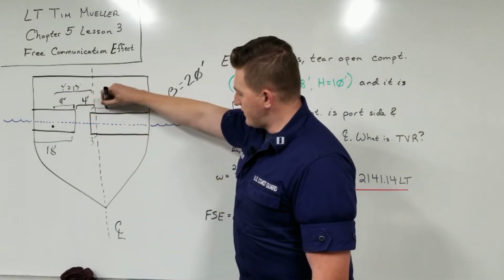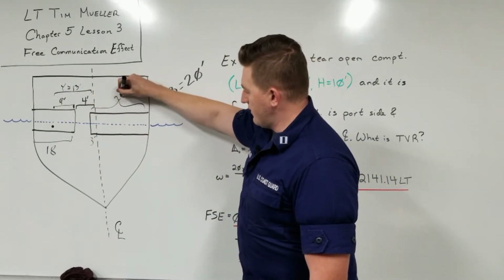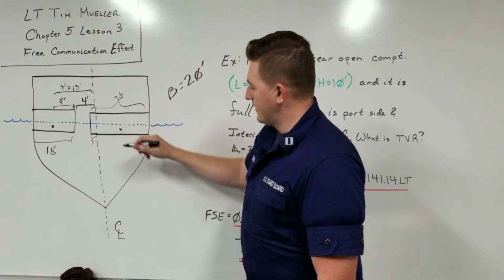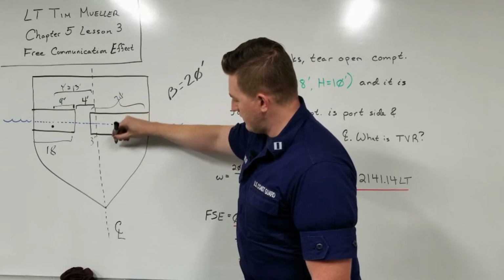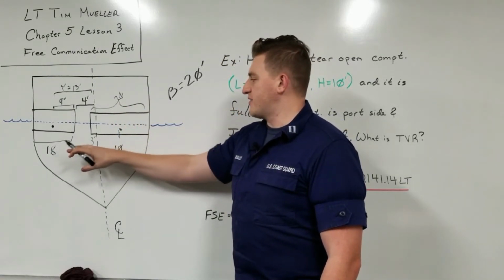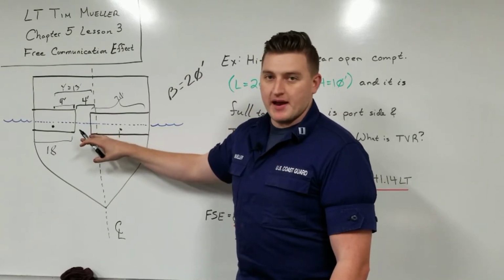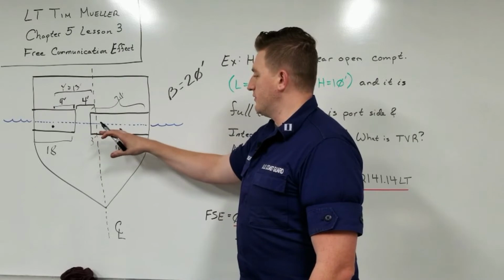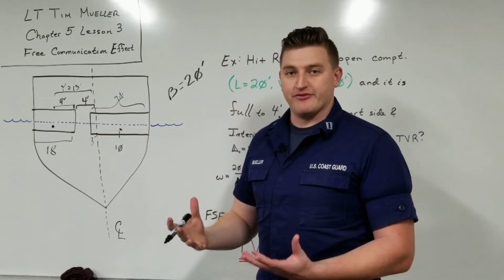So if all of this is 20, center of gravity is right here, this is 10, then 10 minus 3 is 7. That would be our Y, the distance from the center line to the center of gravity of that flooding water.